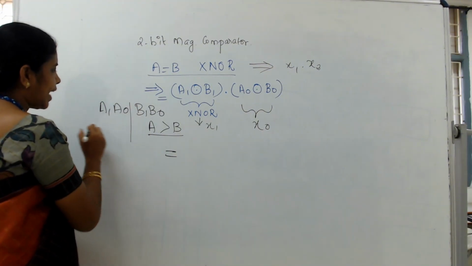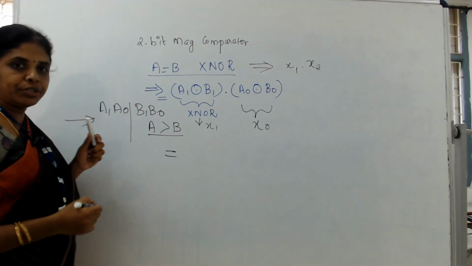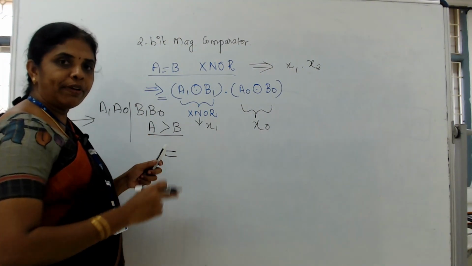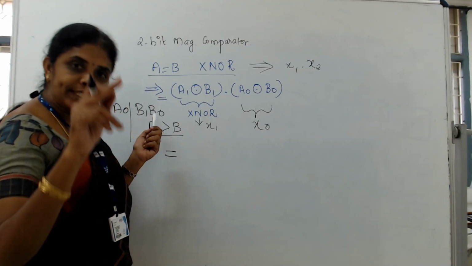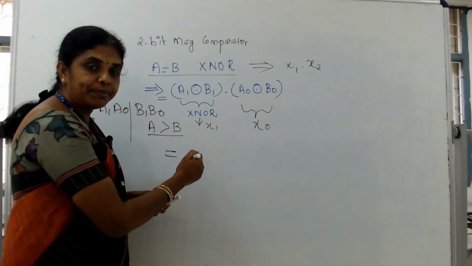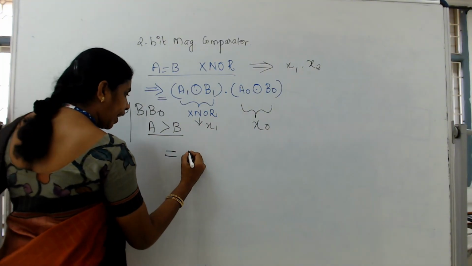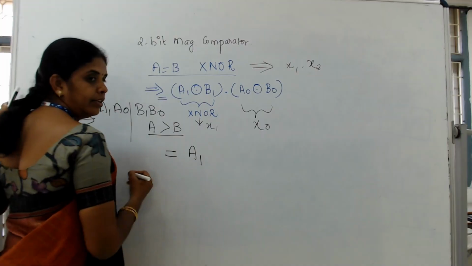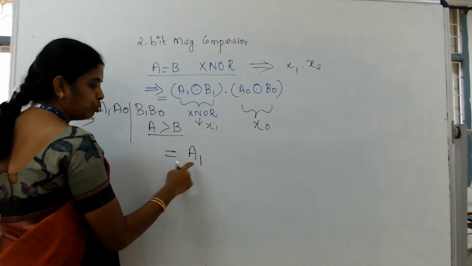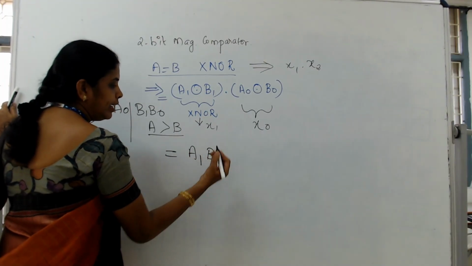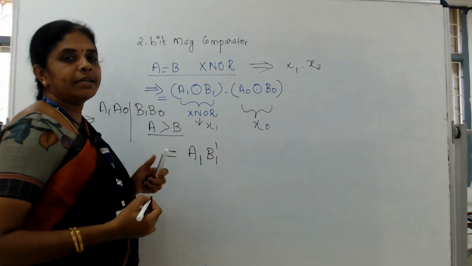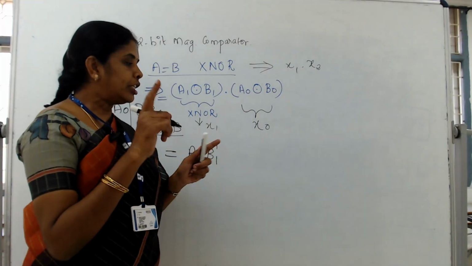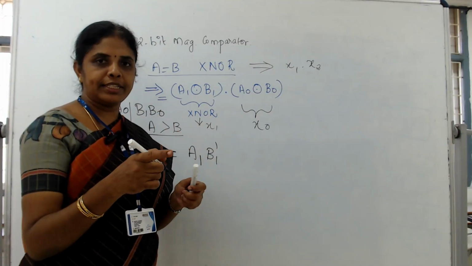You are just scanning the input values. By scanning, A1 should be 1 and B1 should be 0. So we can write the expression directly: A1 is 1, so A1 is the true value. B1 is 0, so 0 is represented by bar. So this is the first possible case.